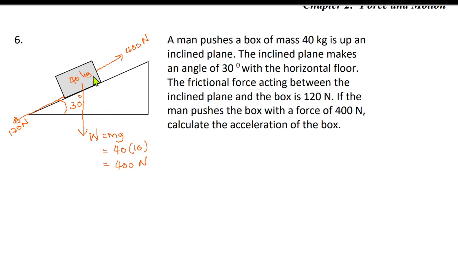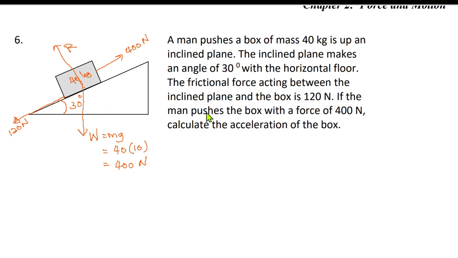At the same time I have a force going up, but we are not going to write that force going up. It's useless actually, even though we can do that, but in this case I just want to know the acceleration. Well, just draw the force. The force is going up, and this is our reaction force.